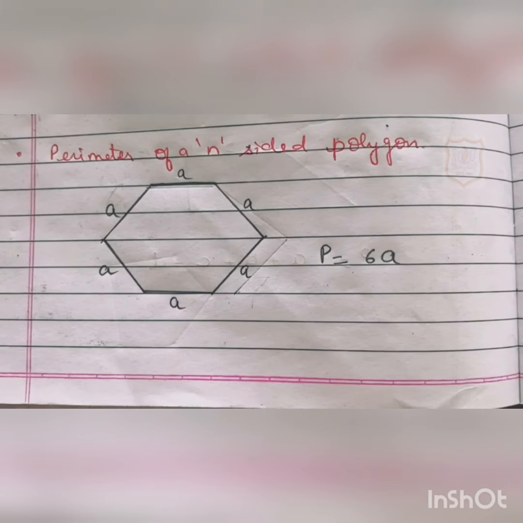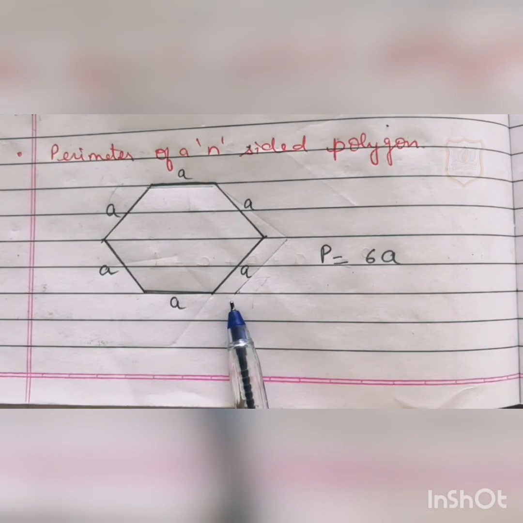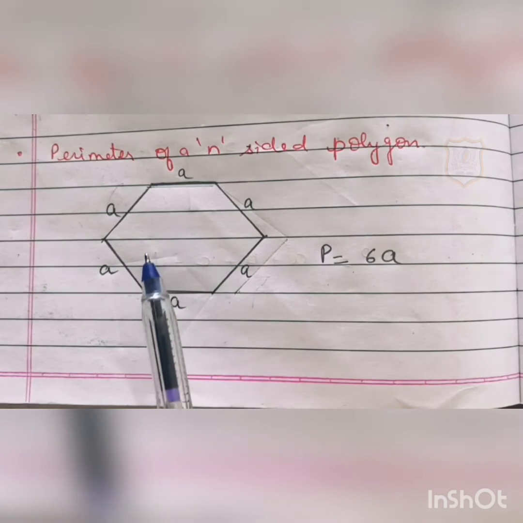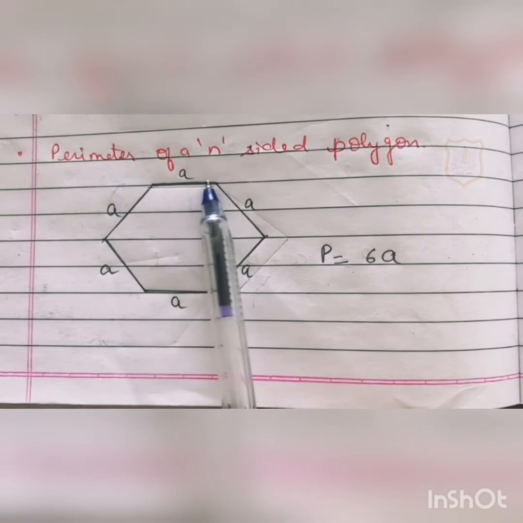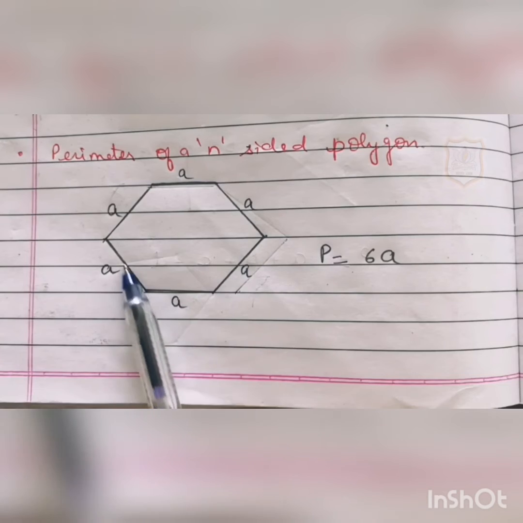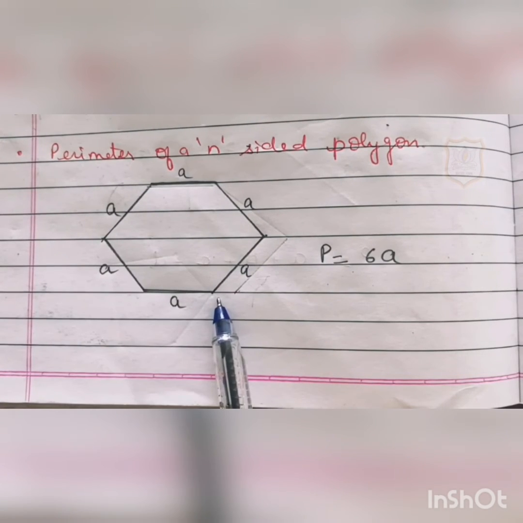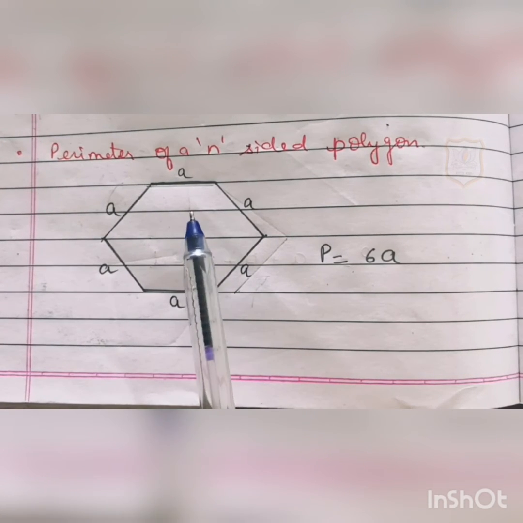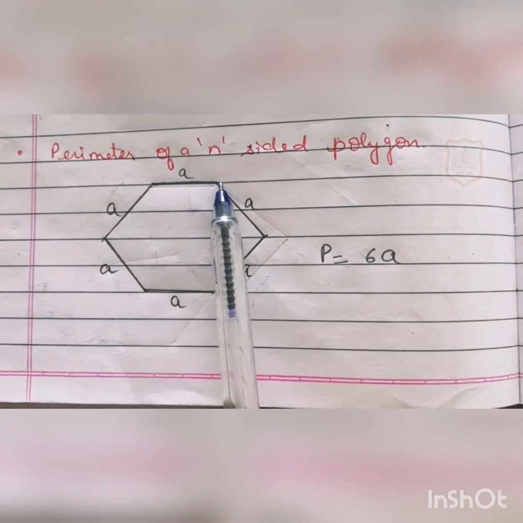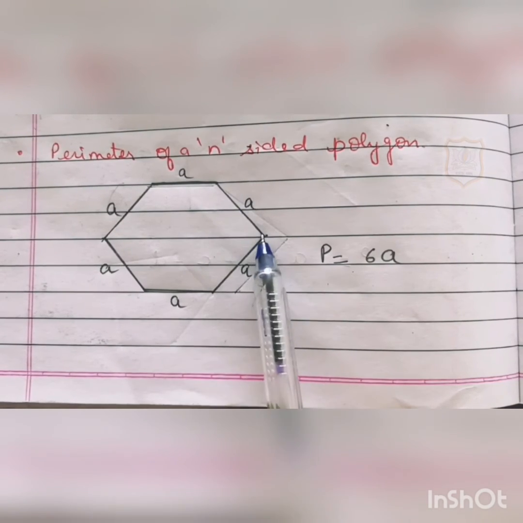So it is known as a regular polygon. In this figure we see a regular hexagon, which has 6 sides, and the sides are the same. So it will be 6 multiplied by one side, that is A. So the perimeter will be P equal to 6A.